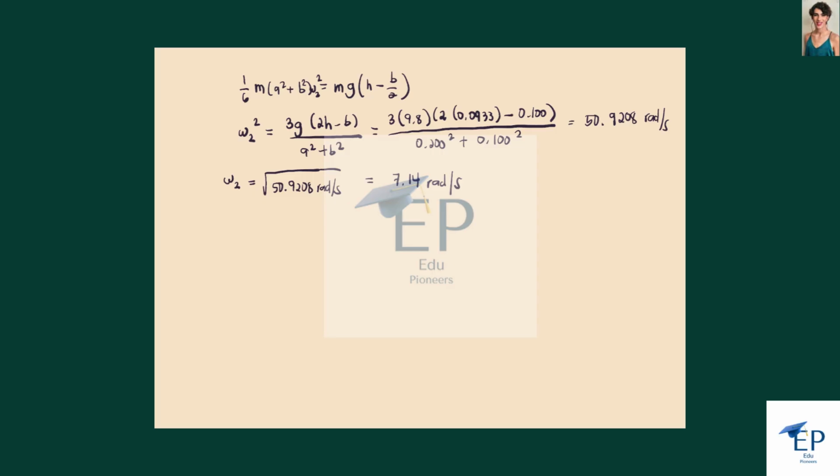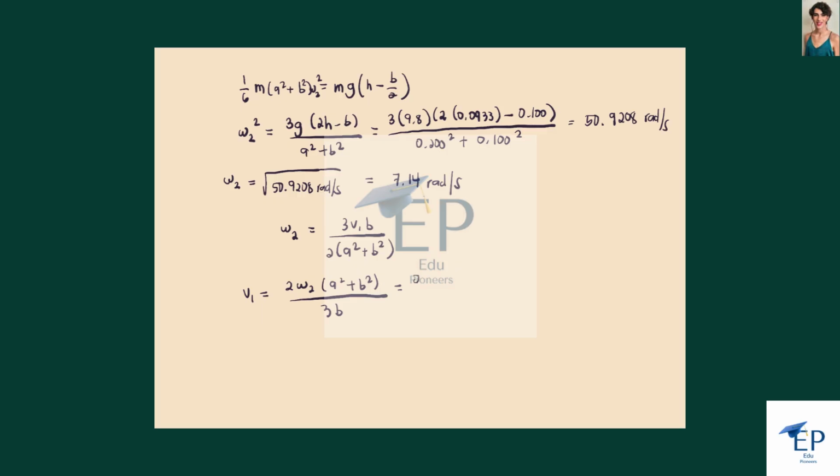Now, using the equation for omega 2 earlier, equation 1, we can solve for V1 since we already know the value of omega 2. Equation 1 is omega 2 equals 3 v1 b over 2 times a squared plus b squared. Deriving v1 from here, v1 is equal to 2 times omega 2 times a squared plus b squared over 3b.